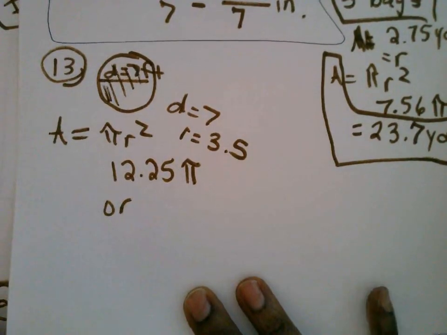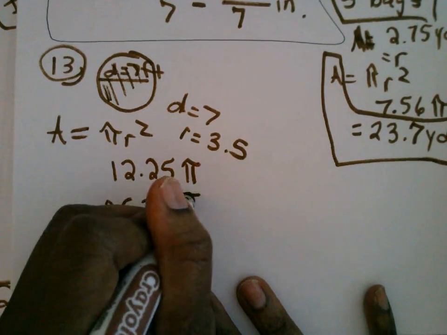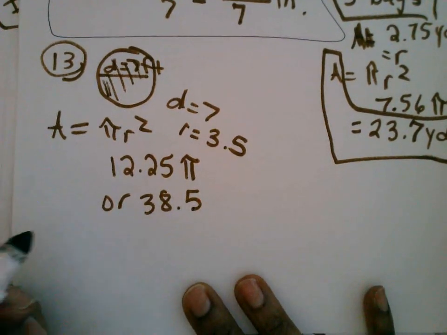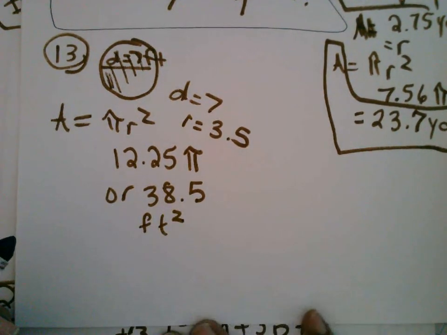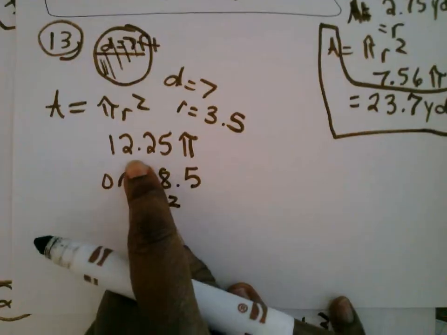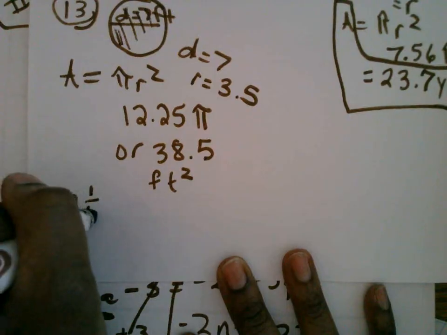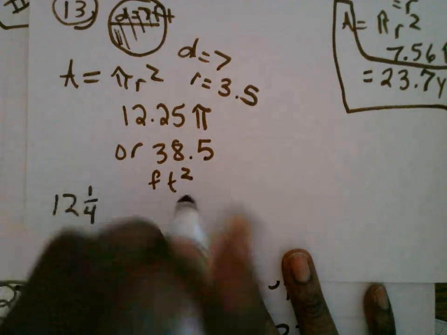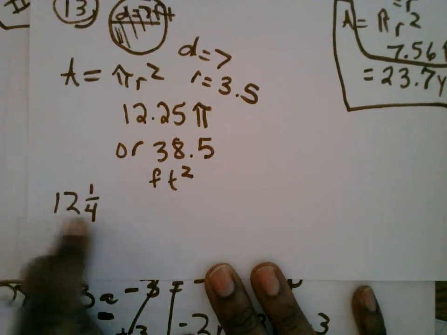Or we can take 12.25 and multiply it by pi, and we get 38.5 feet squared. Now, if we were to represent this as 22 over 7, we will need to take 12 and a quarter and multiply that by 22 over 7. 12 times 4 is 48 plus 1 is 49 fourths.